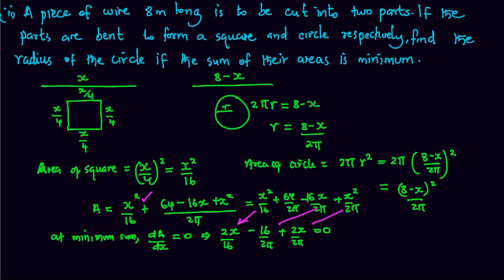And this simplifies to 4x minus 16 is equal to 0, and therefore x is equal to 4.